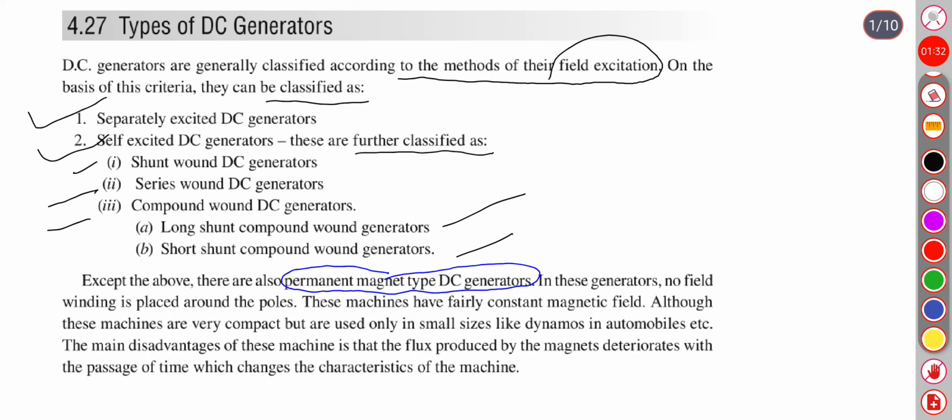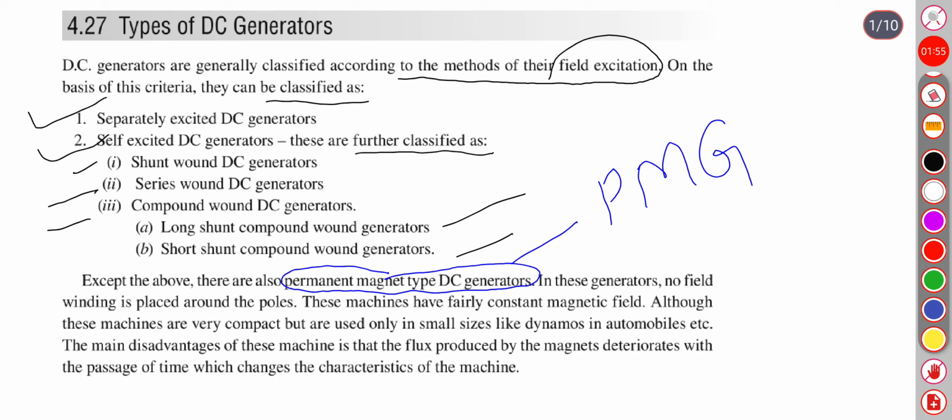In a modern alternator, a PMG is connected or coupled with the AC generator to generate power.